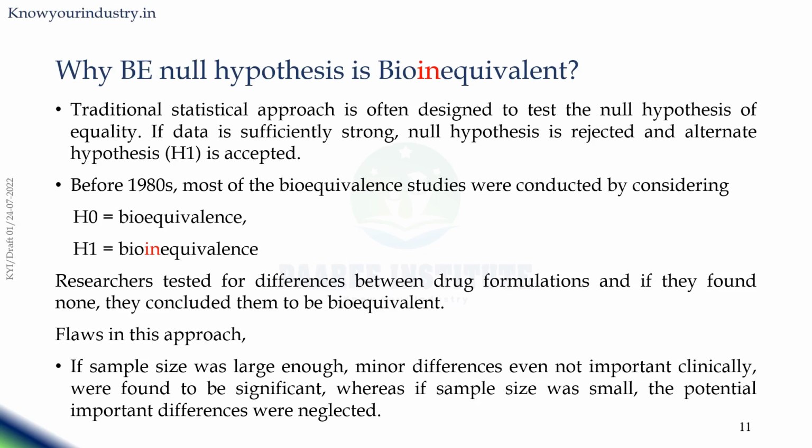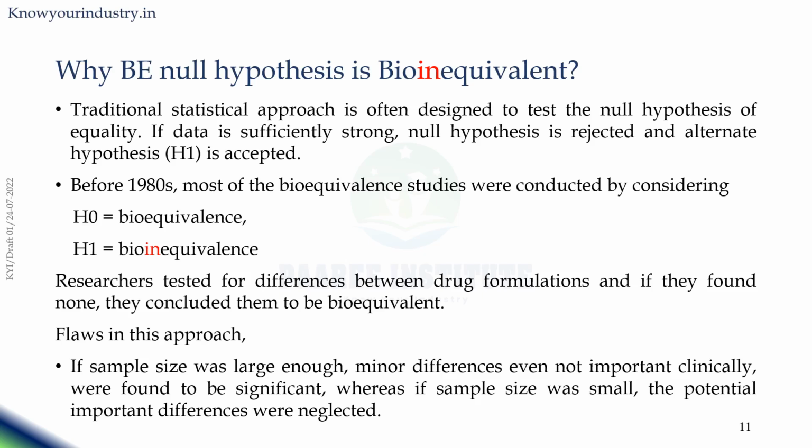Why in bioequivalence is the null hypothesis always bioinequivalent? The traditional statistical approach is often designed to test the null hypothesis of equality. If the data is sufficiently strong, the null hypothesis is rejected and the alternative hypothesis is accepted. Before the 1980s, most bioequivalence studies were conducted by considering H0 as bioequivalent and H1 as bioinequivalent.